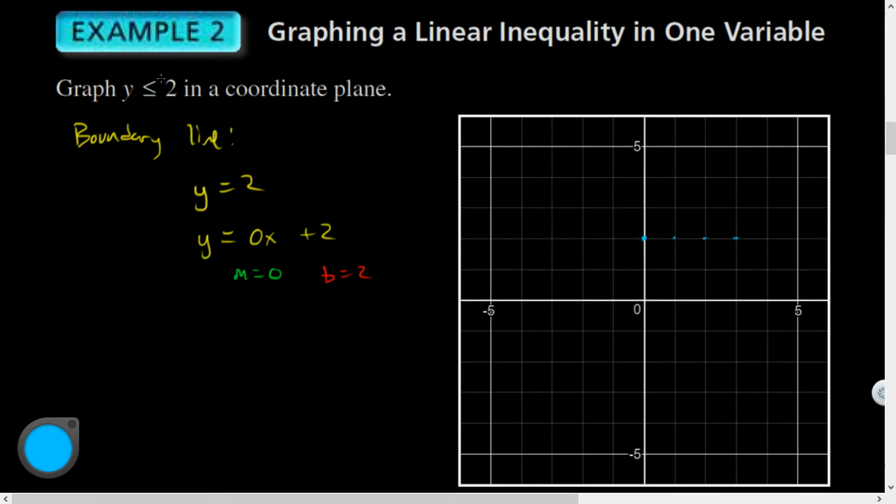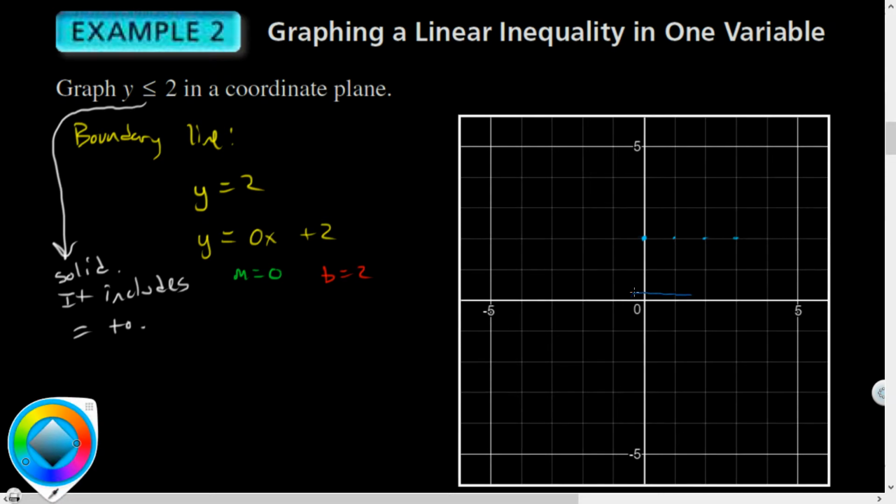But this is less than or equal to, question, is it a solid or a dashed line that I want to draw here based on this? Solid or dashed? It's solid. Why did you decide that it was solid? Solid because it includes the line, right? It includes equal to. It wasn't just less than. So when I graph this, here we go.